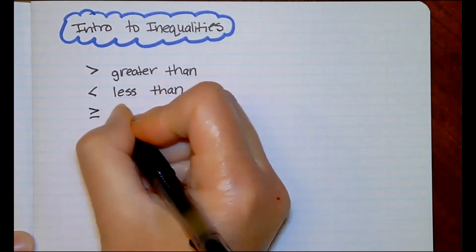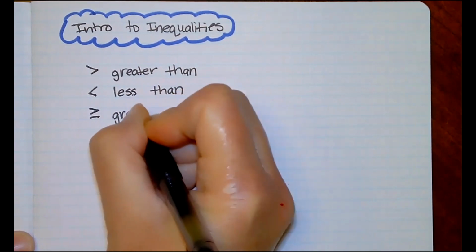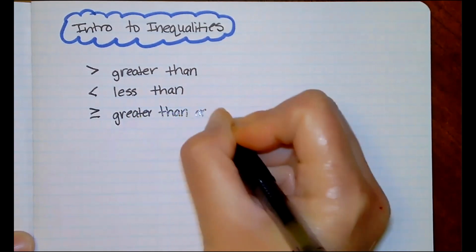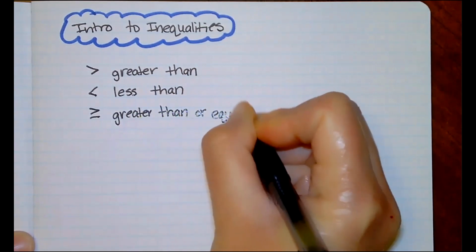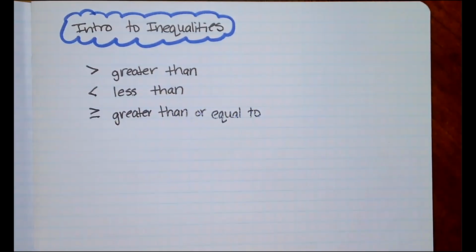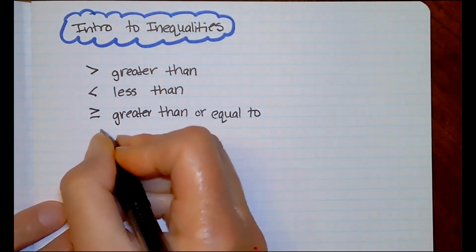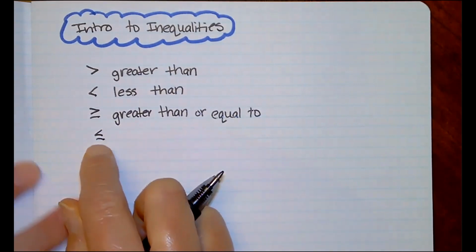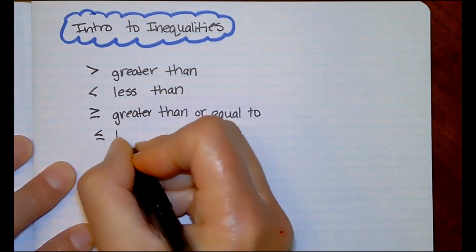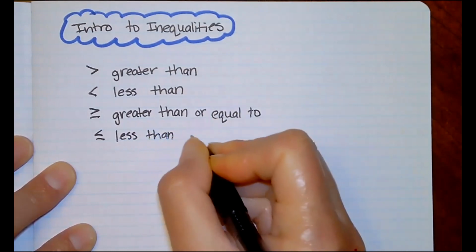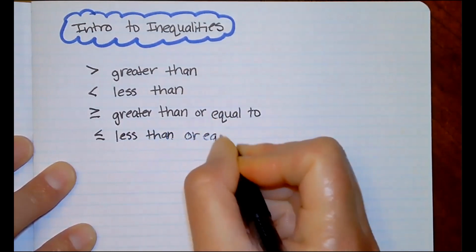So now this is going to be greater than or equal to. And we have this symbol, which is going to be less than or equal to.